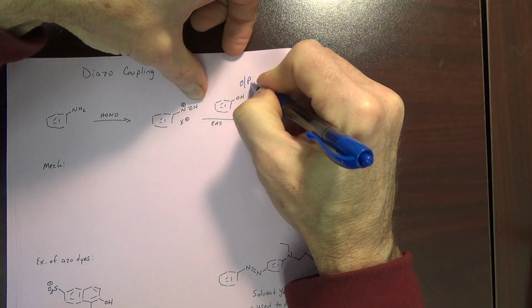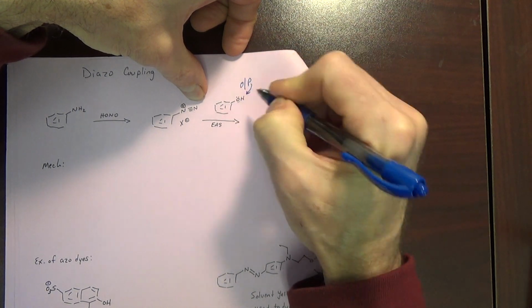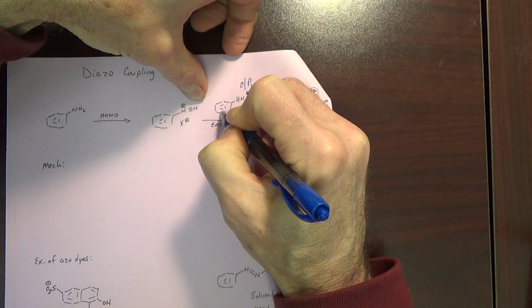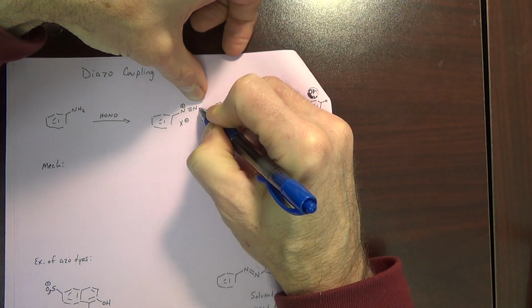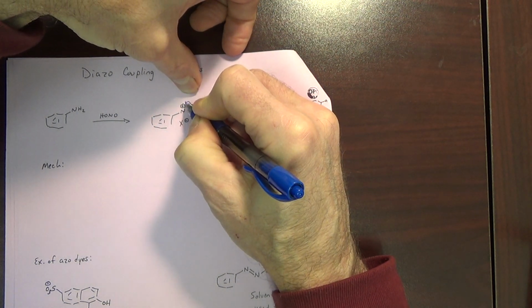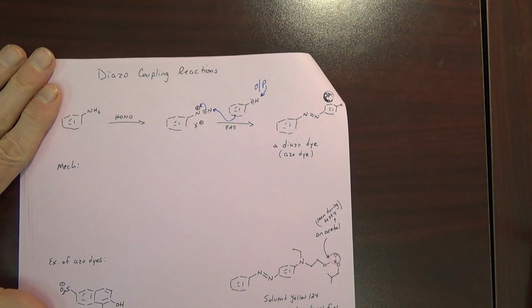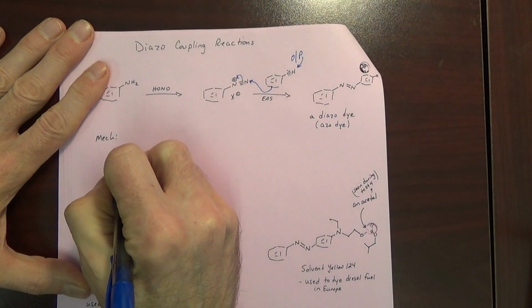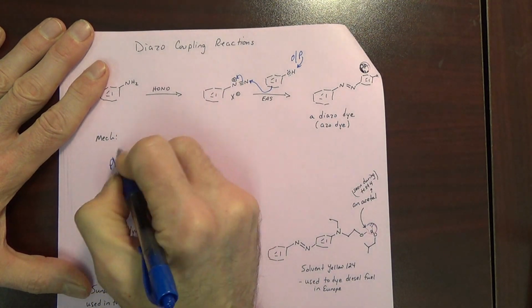Now, this is an ortho-para director, and so I'm going to show a para reaction. We attack here and move these electrons here. And that will give, I'm just going to call this N-ring phenyl.